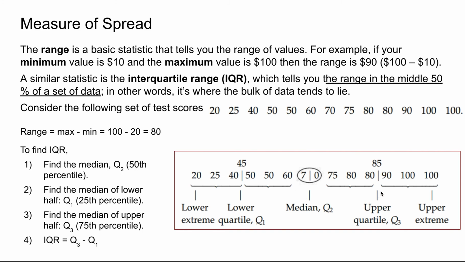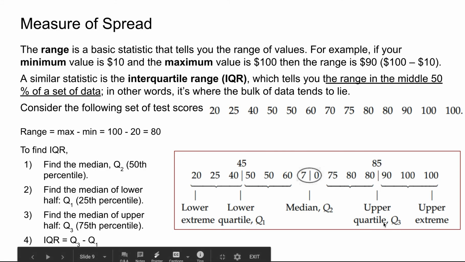Similarly, the upper quartile, Q3, is the median of the upper part. The median of the upper part is right here, the mean of 80 and 90, which is 85. That is the upper quartile, Q3.